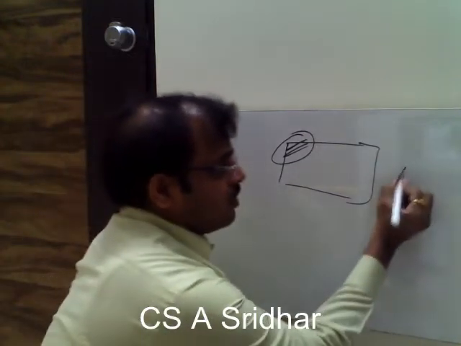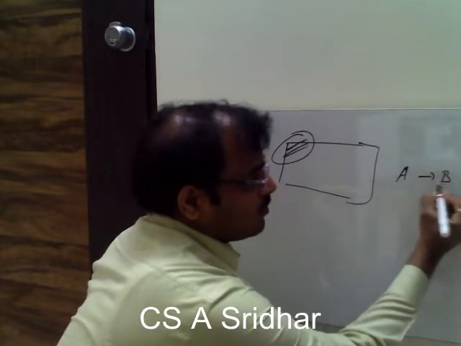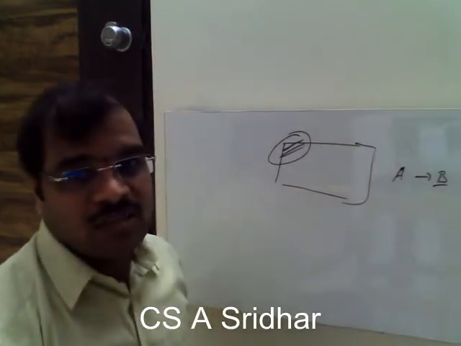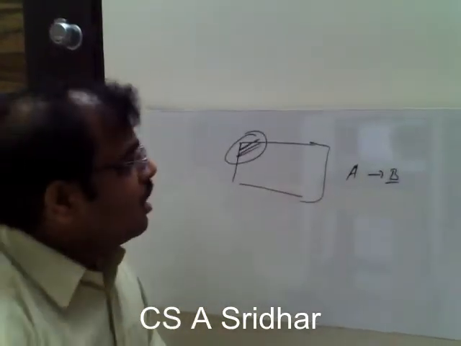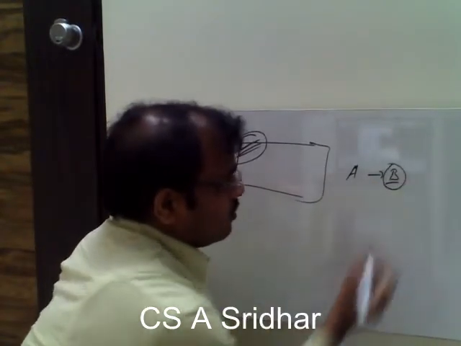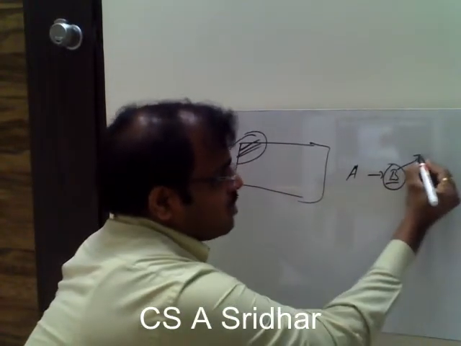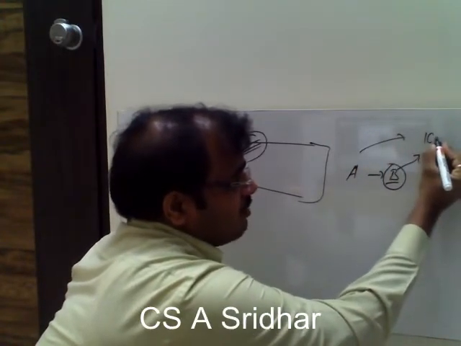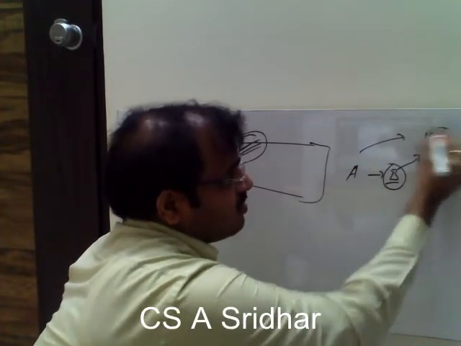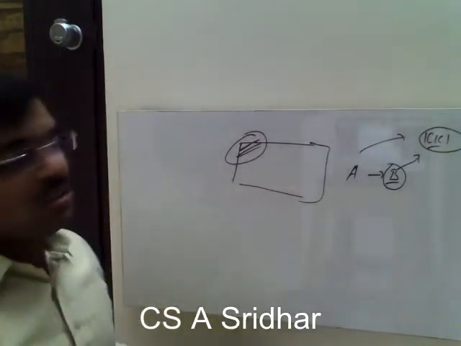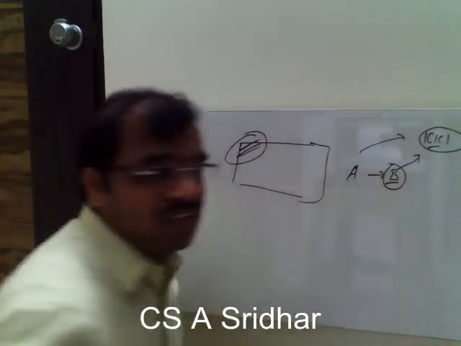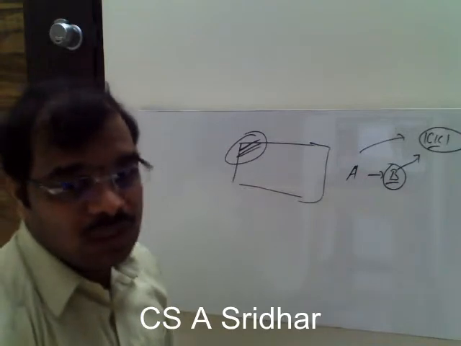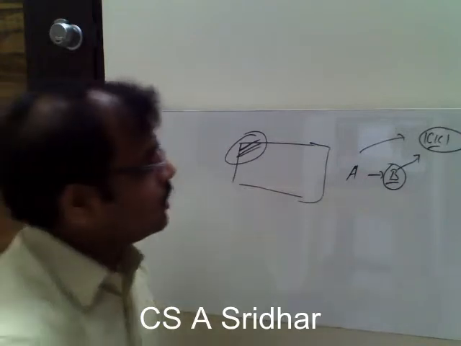Suppose A gave a cheque to B, and generally he has to submit it to the banking company. Suppose A has an account with ICICI. B can approach ICICI Bank directly at the counter and realize the cheque.